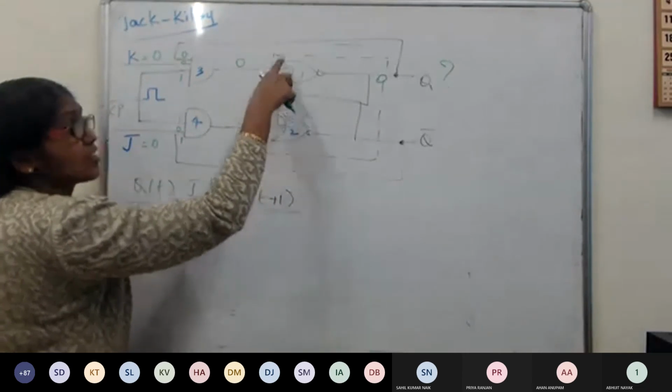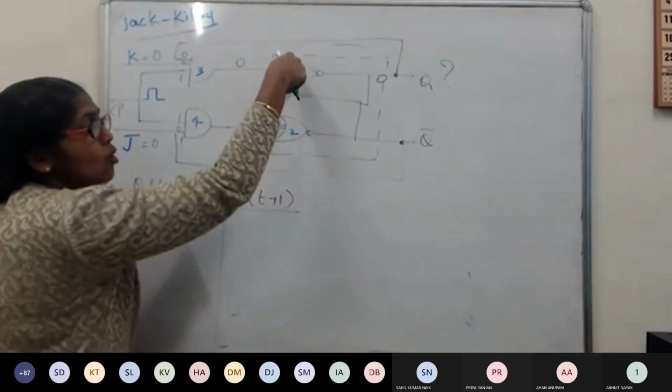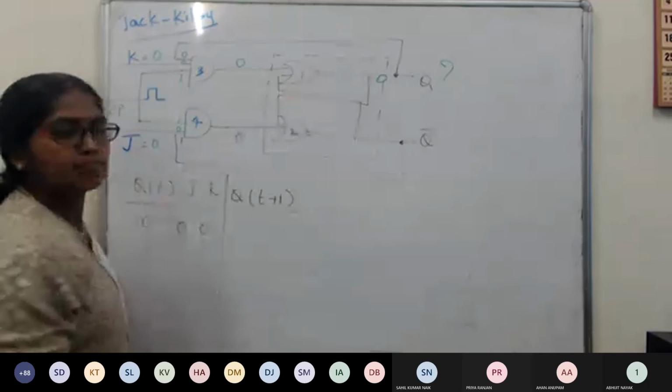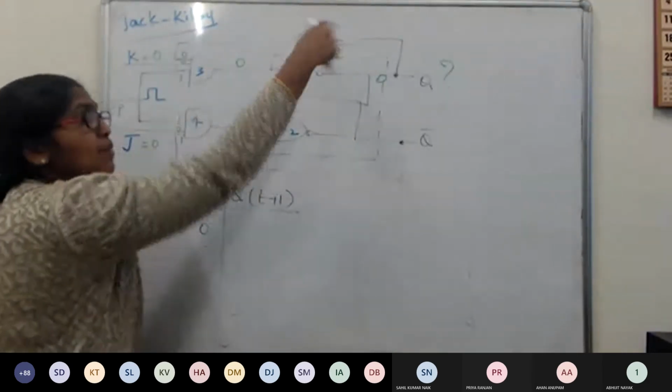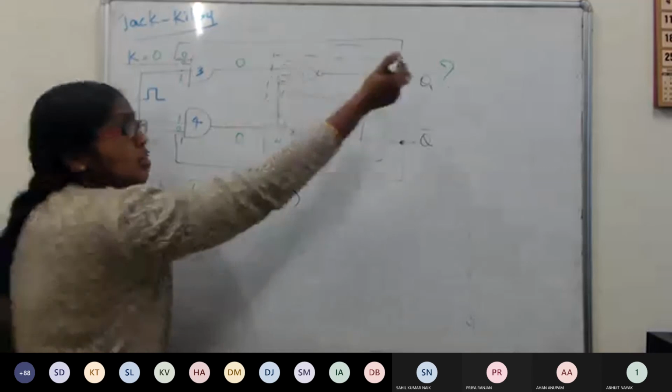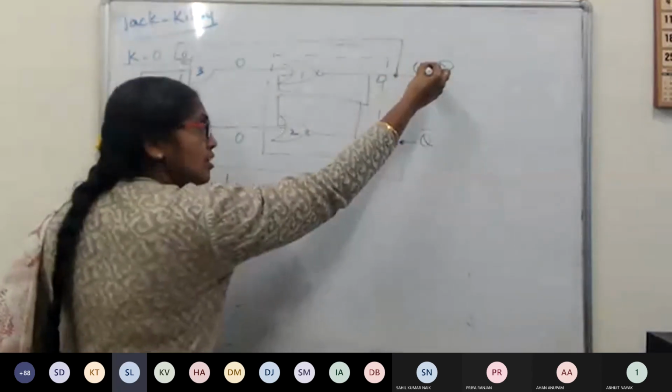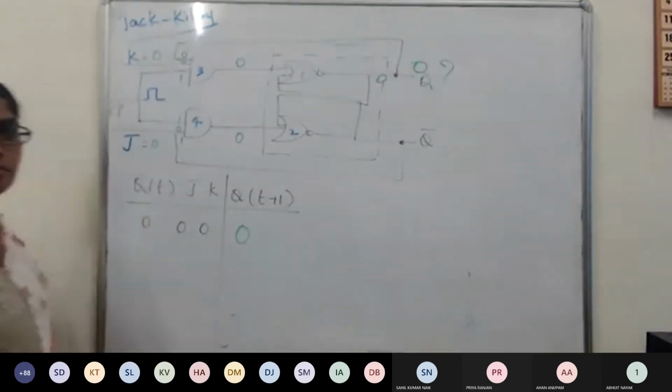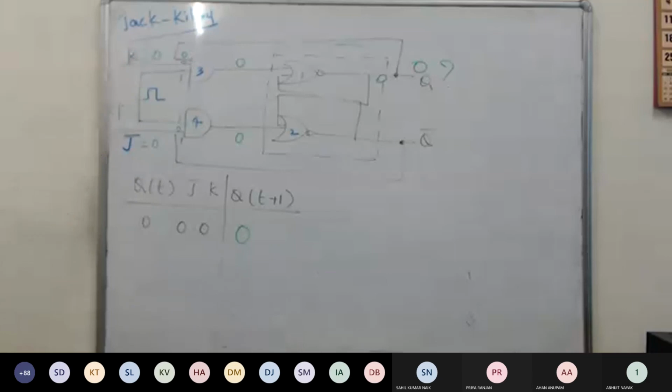Now you tell me, this particular one and this particular one, what will be the reaction for the T plus 1 incident? 0, right? Obviously, this will be 1 only. Yes or not? Yes.